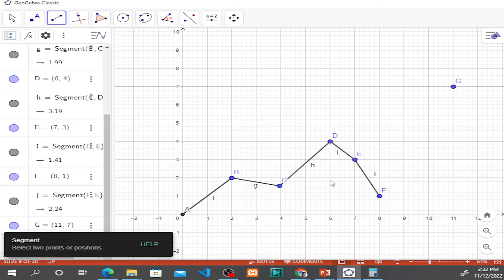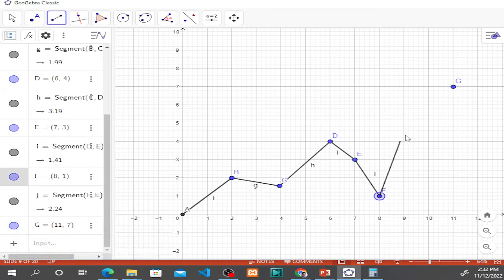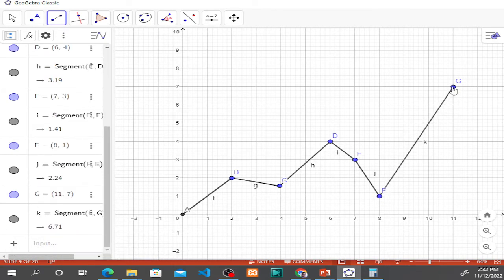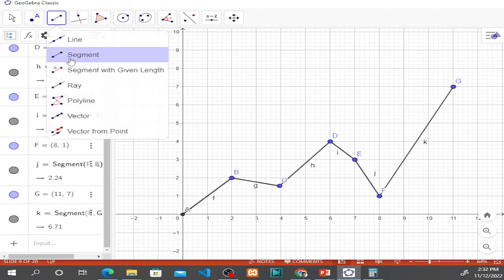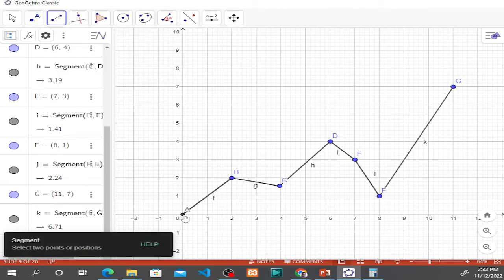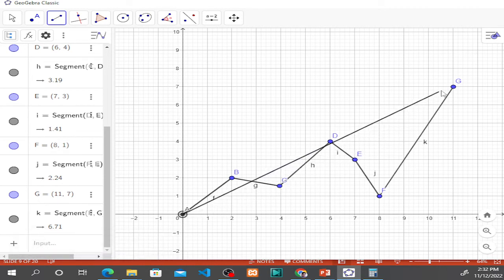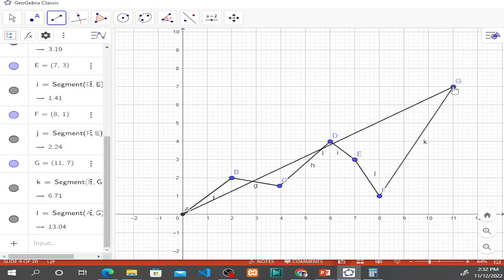All right, now what is the displacement? So that's your first question, your displacement from point A to point G. As I've mentioned, it has something to do with the initial and final position. So we get that initial to final position.